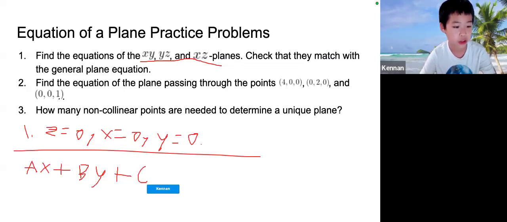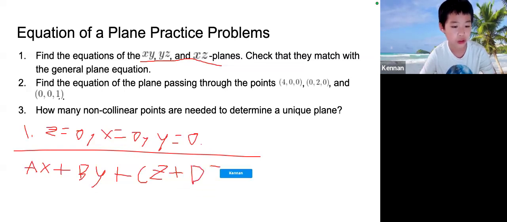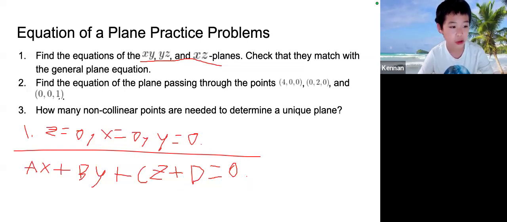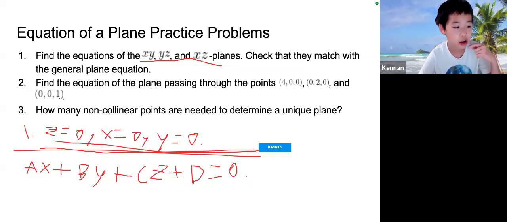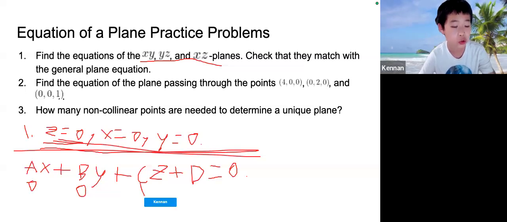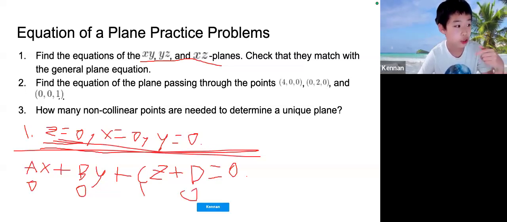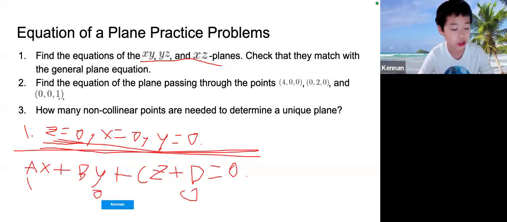So we note the general plane equation is ax plus by plus cz equals d. Note that for all of these, for example, let's say z equals 0, you could just have a equals 0, b equals 0, c equals 1, and d equals 0. And for example, let's say x equals 0, we can just do a equals 1, and the rest 0.